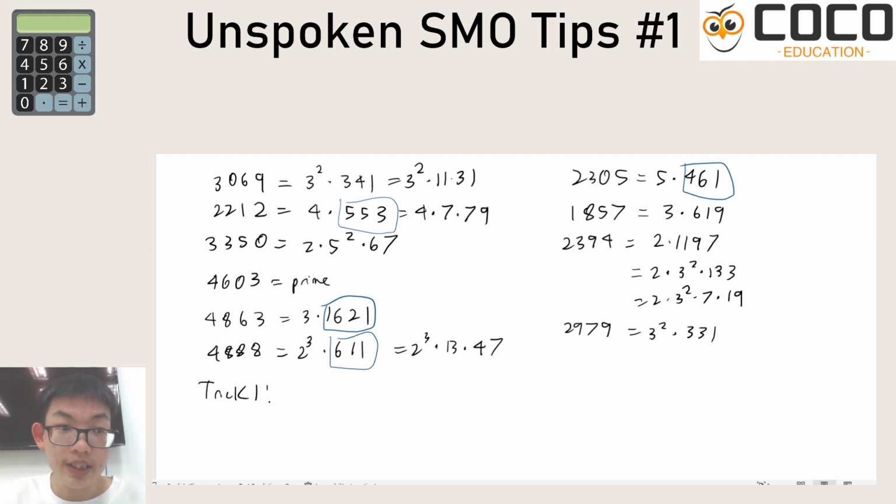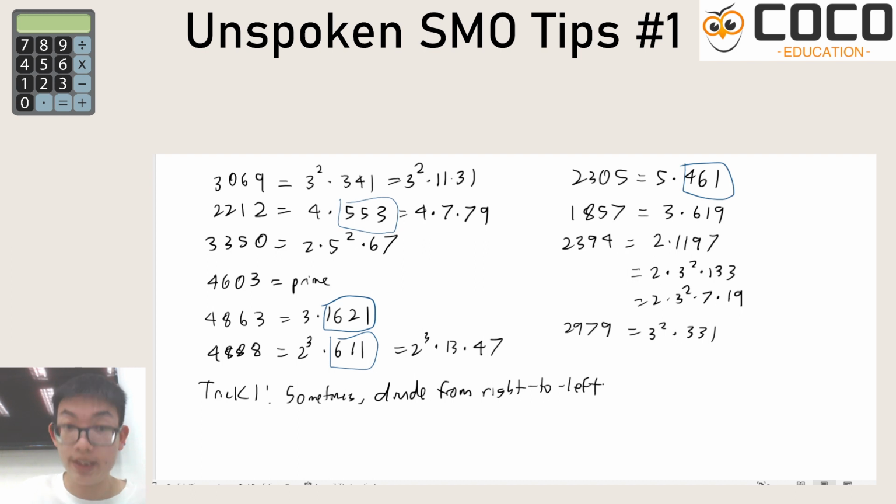Now, the first trick is that sometimes I do division from right to left. Now, this would not give you the remainder and quotient, but if you're just testing whether it is divisible, that does work pretty well. For instance, if I've got something like 553.